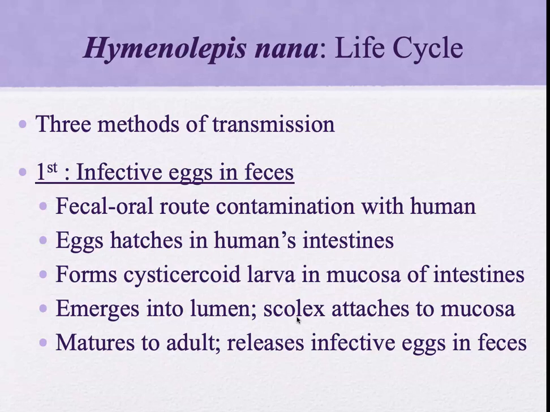Remember in the Taenias, we talked about the cysticercus larva. When we talk about the Hymenolepis life cycle, it's called a cysticercoid larva. The larva gets into the lumen of the intestines, and out from the larva comes the scolex, and the scolex attaches to the mucosa. The scolex will then grow proglottids and release infective eggs in the feces.